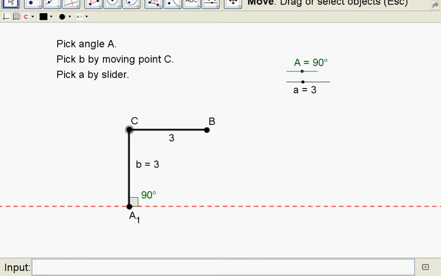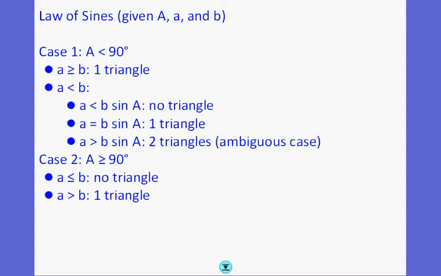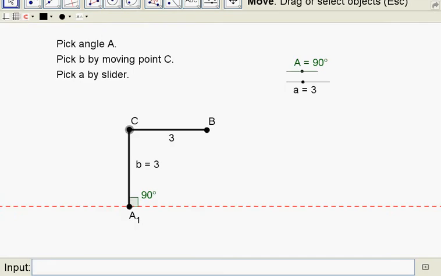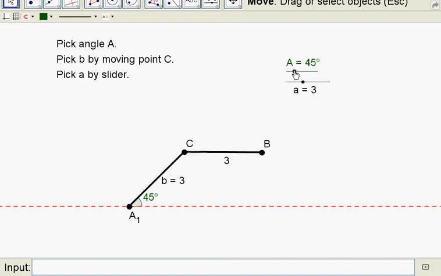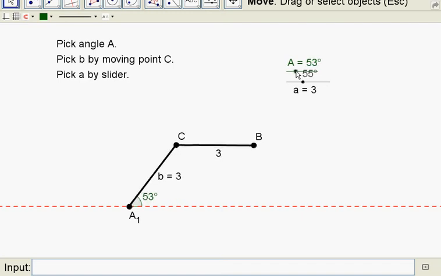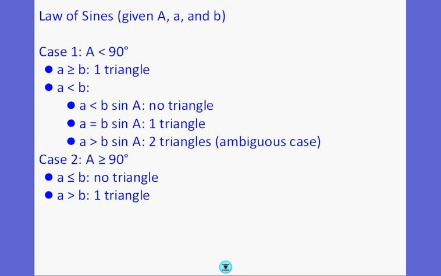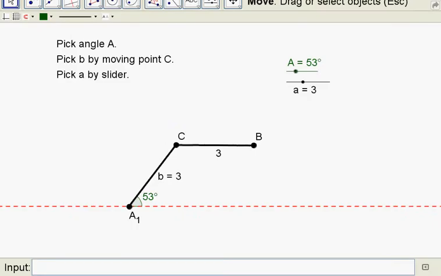Okay, so first, again, in the notes, first case is A is less than 90. So I'm just going to pick an angle less than 90. How about 53? We're going to follow the cases here. Now, in the first case, let's consider if A is greater than or equal to B. I've got B equal to 3.